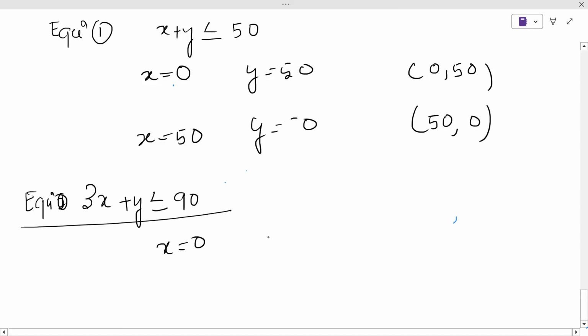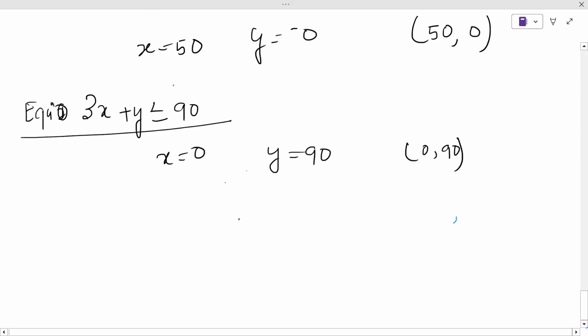Then y is equal to 90, so the vertex is (0, 90). Put y equal to 0. Then 3x is equal to 90, so x is equal to 30. Its vertex is (30, 0).